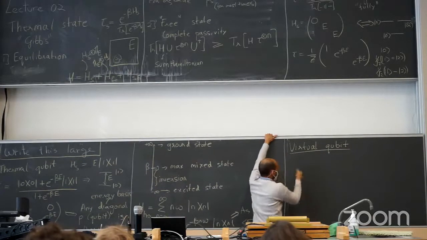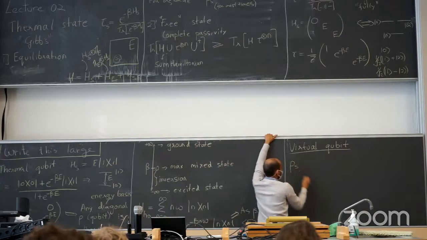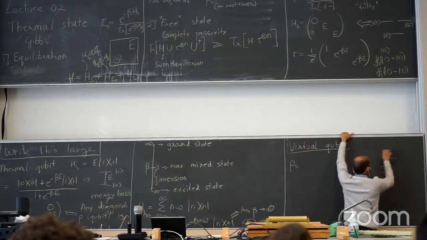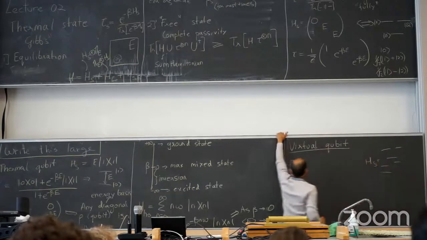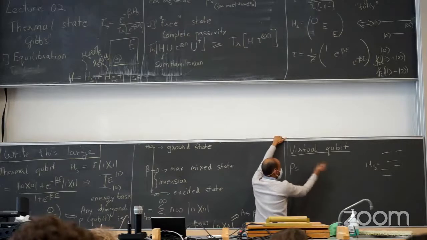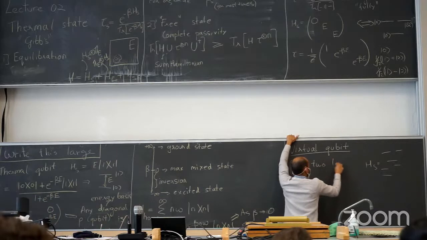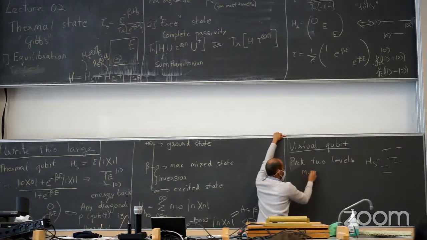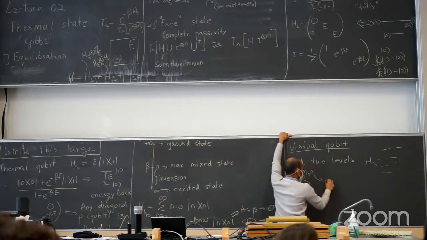So what I need in order to define a virtual qubit is, let's take rho of a system. So now my system can have a Hamiltonian of many energy levels. So in general, this is some Hamiltonian HS. And from HS, I pick two levels. I'm going to call them, let's say, M and N. So these are the levels corresponding to EM and EN.